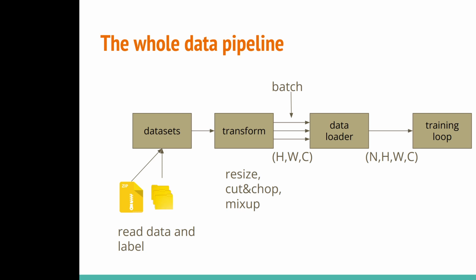Okay, this is the whole data pipeline. The data will be defined in the data set, but we will define a data loader which can read the data from the data set and do some transformation, then return all the data in batches to the training loop.